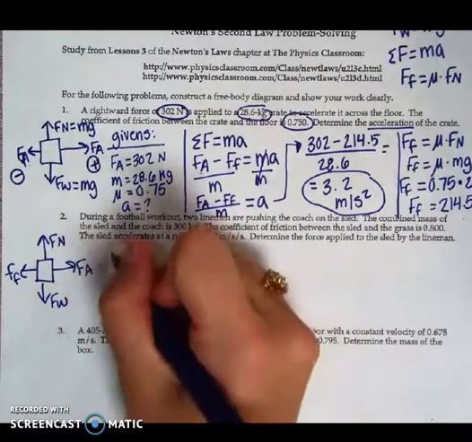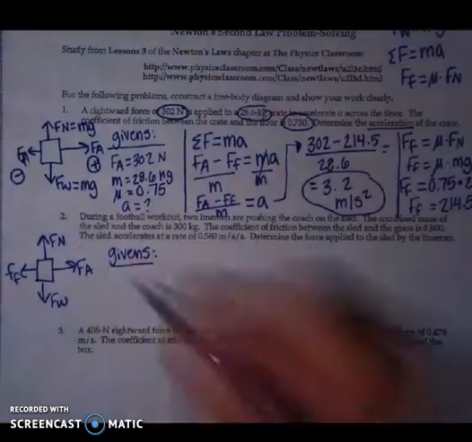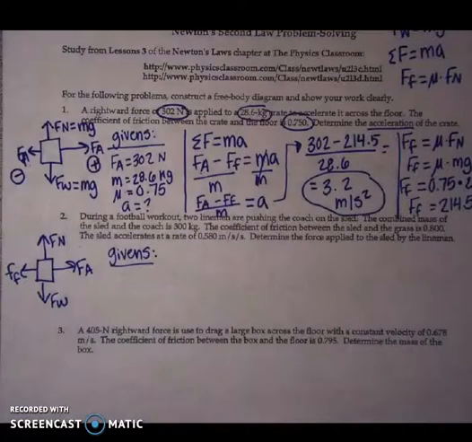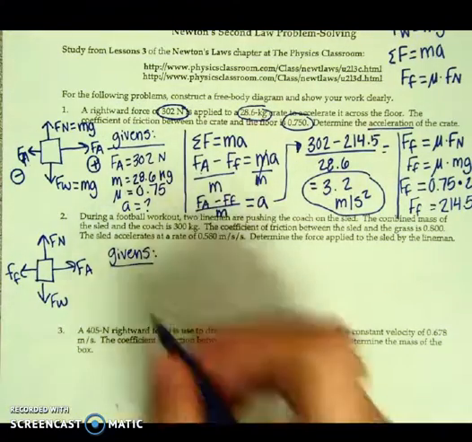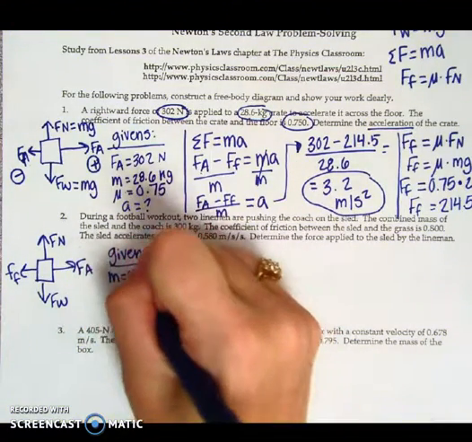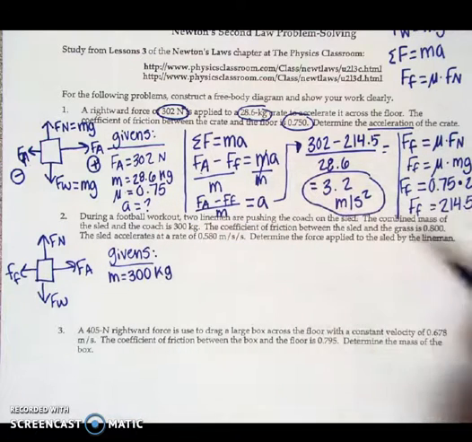So that's step 1. Step 2, we're going to write out our givens, or everything that the problem gives us. So we should see that it gives us mass, because it says in the problem 300 kilograms. And we know kilograms is something that we measure mass in. It also gives us that mu, or that weird number.